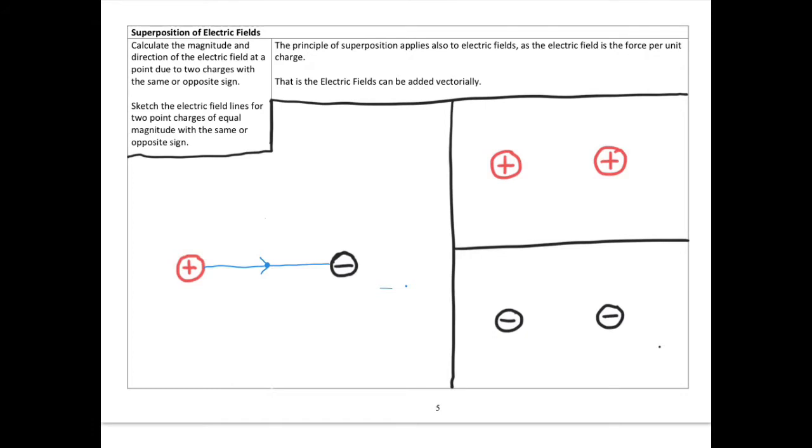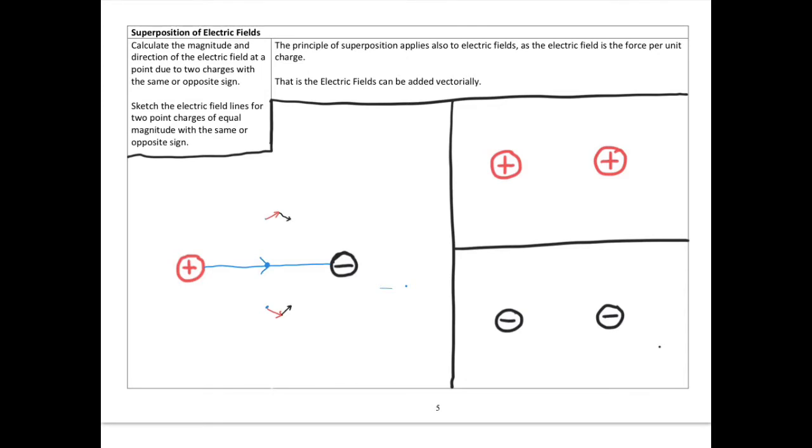If we went to a point, say, up here, and we'll do a point down here as well, due to the positive charge, it's going to be repelled in both cases, and due to the negative charge, it's going to be attracted.